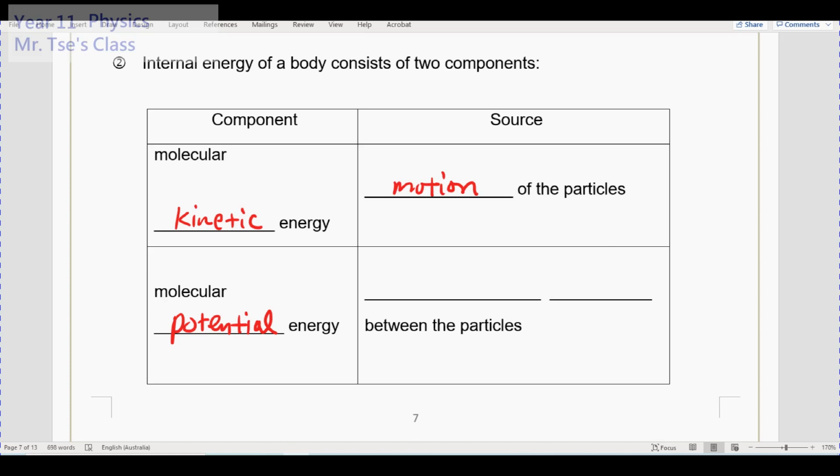Molecular potential energy is related to molecular forces. Another term you can use is the bonding force, a term possibly used more in chemistry. We say there's a bonding between the molecules, so there's a certain degree of attraction, sometimes repulsion, among them.